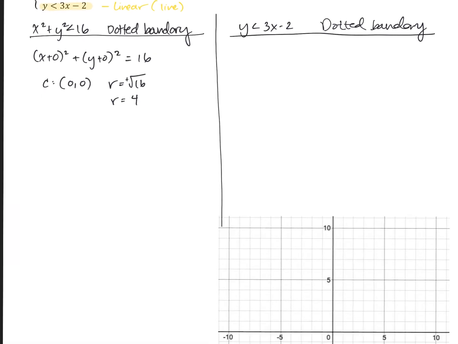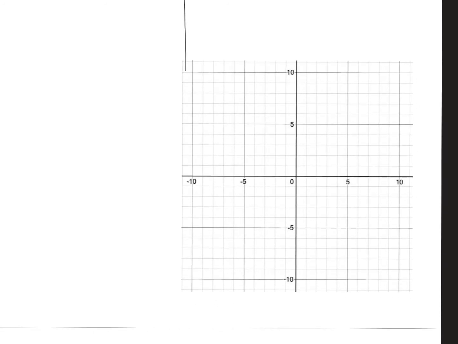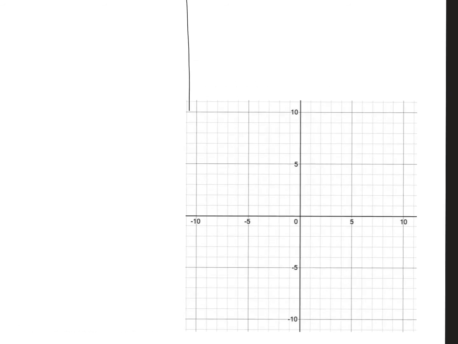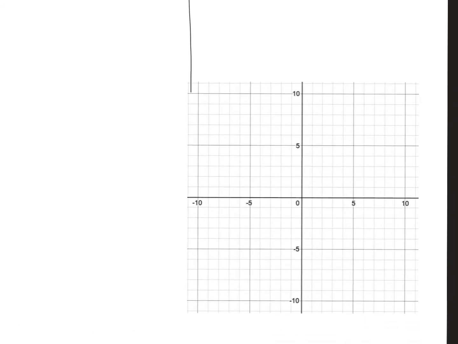So let's go ahead and graph that. I'll graph that in, what color? Try to guess the color I'm going to pick. Blue. If you were right, give yourself a pat on the back. Okay, so we're going to go with blue. Center is at 0, and we're going with a radius of 4. So right there is our radius of 4.